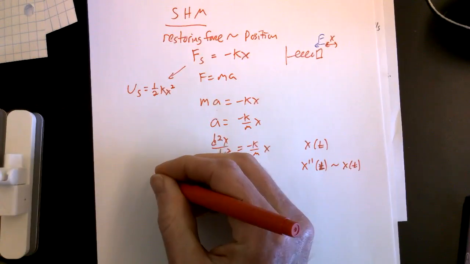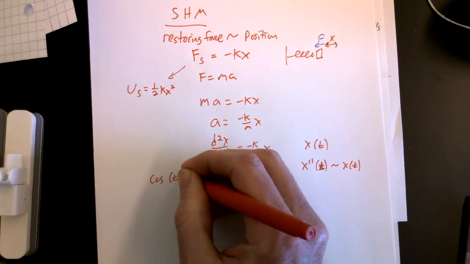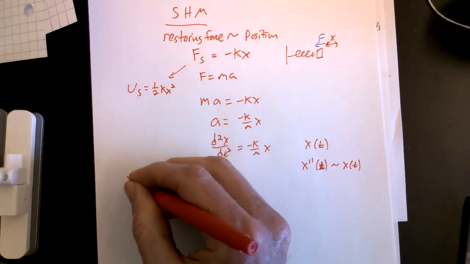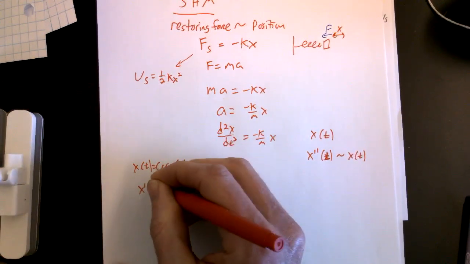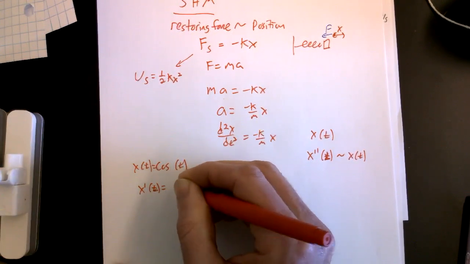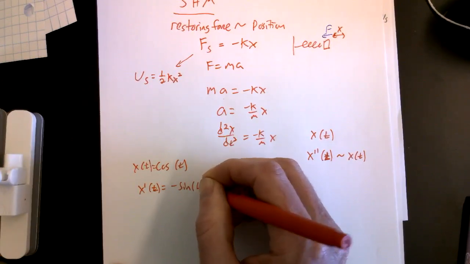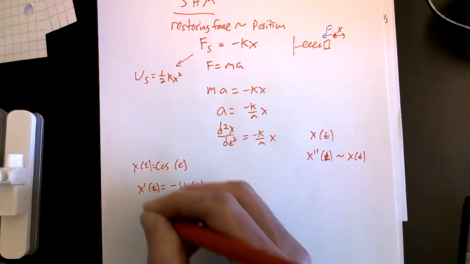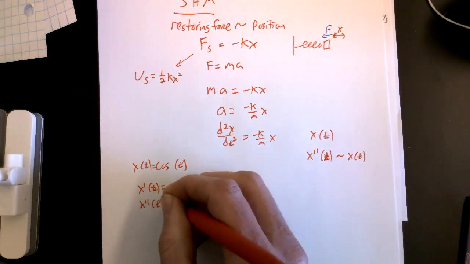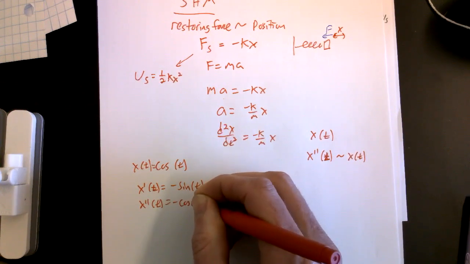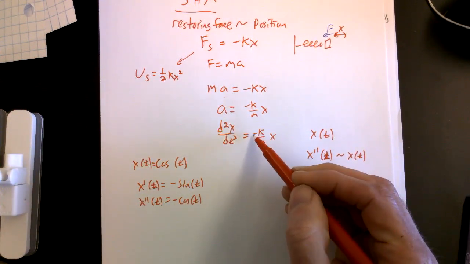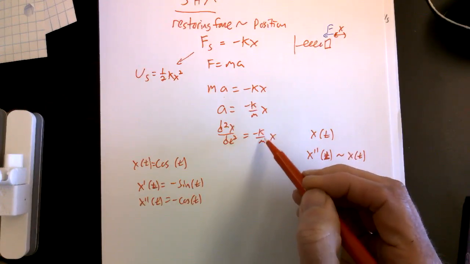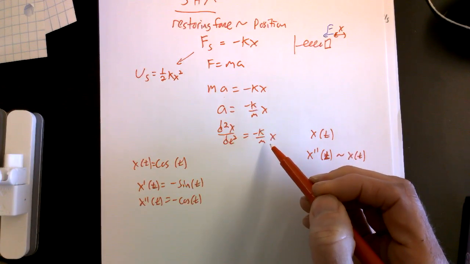So if I have cosine of t as my x of t, then x prime of t is minus sine of t, and then x double prime of t is minus cosine of t back again. So that exactly fits this over here. The second derivative is equal to the negative proportionality constant times the original function.